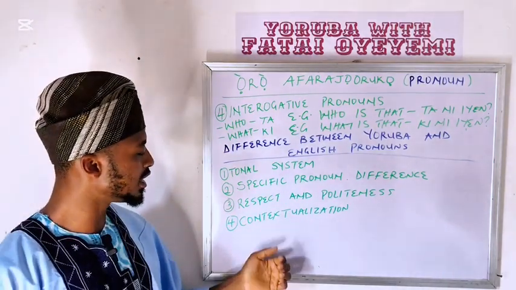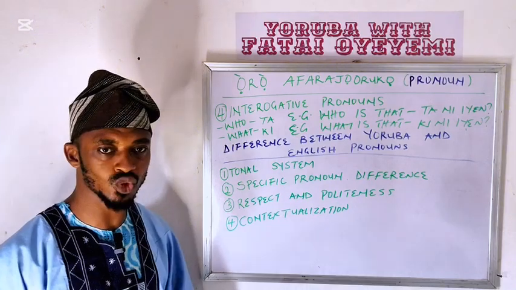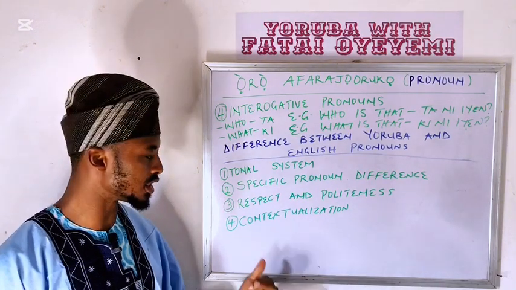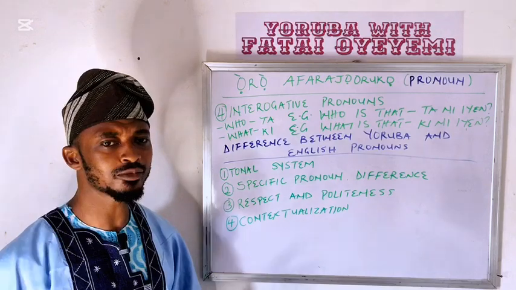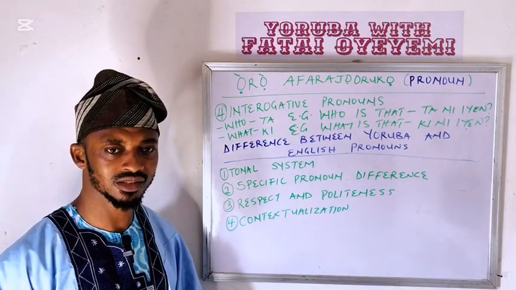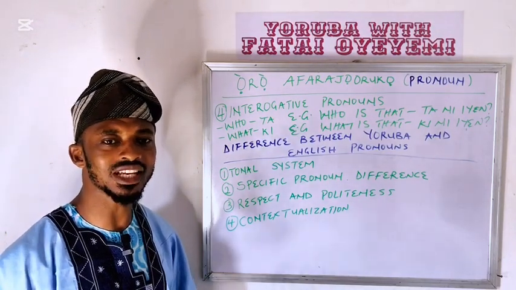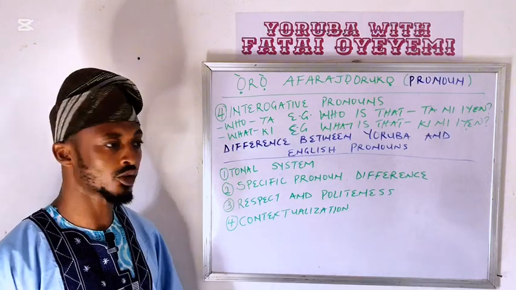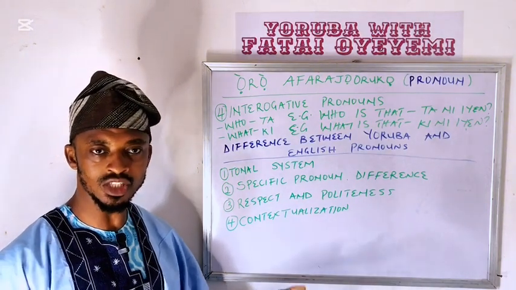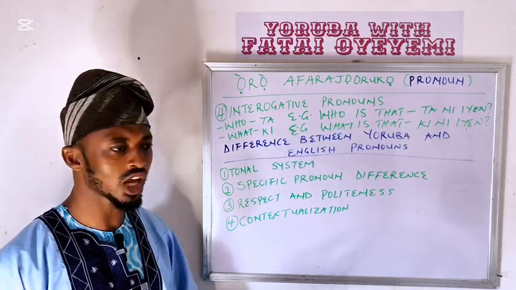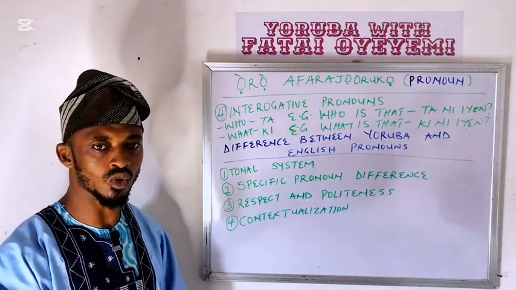And the last but not the least difference between English and Yoruba pronoun is contextualization. That means these pronouns can change meaning based on the context in which you are using them. For example, second person singular is you, but if I want to talk to an older person, I can't say ìwọ.